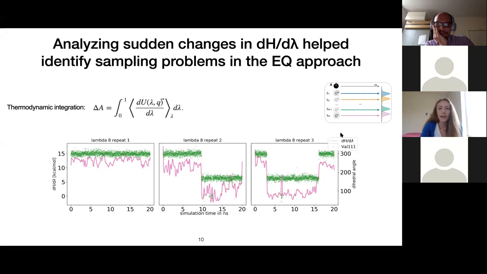You can see that this rotation was not sampled appropriately in these trials, and so this, in this case, led to the high standard deviation across trials. This method can then also be automated, looking at and correlating slow motions in the system with sudden changes in dH/dlambda, and it proved to be very helpful in multiple systems that we looked at so far.